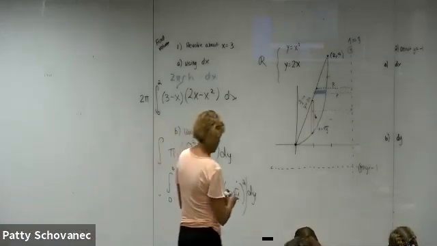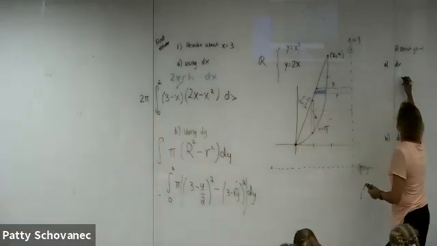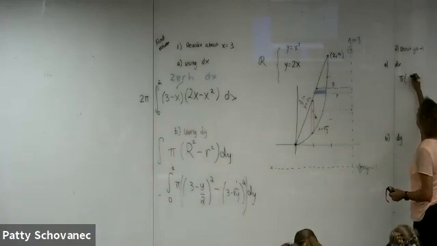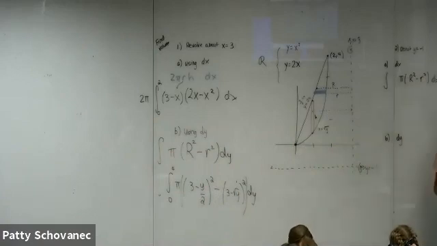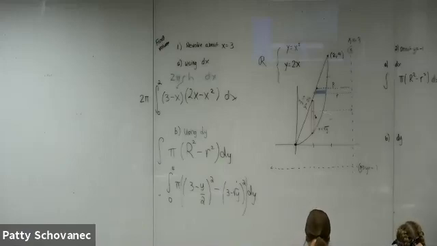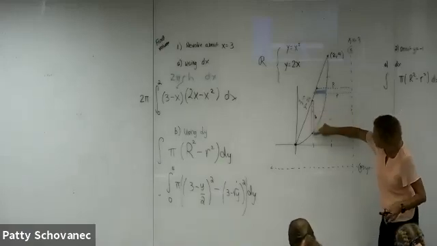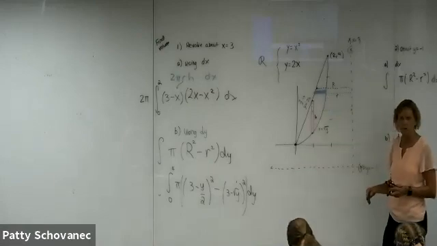So our plan for washers was pi times outer radius squared minus inner radius squared dx. Can you visualize that, washer? You knew it was washers because it's perpendicular to the axis of revolution.